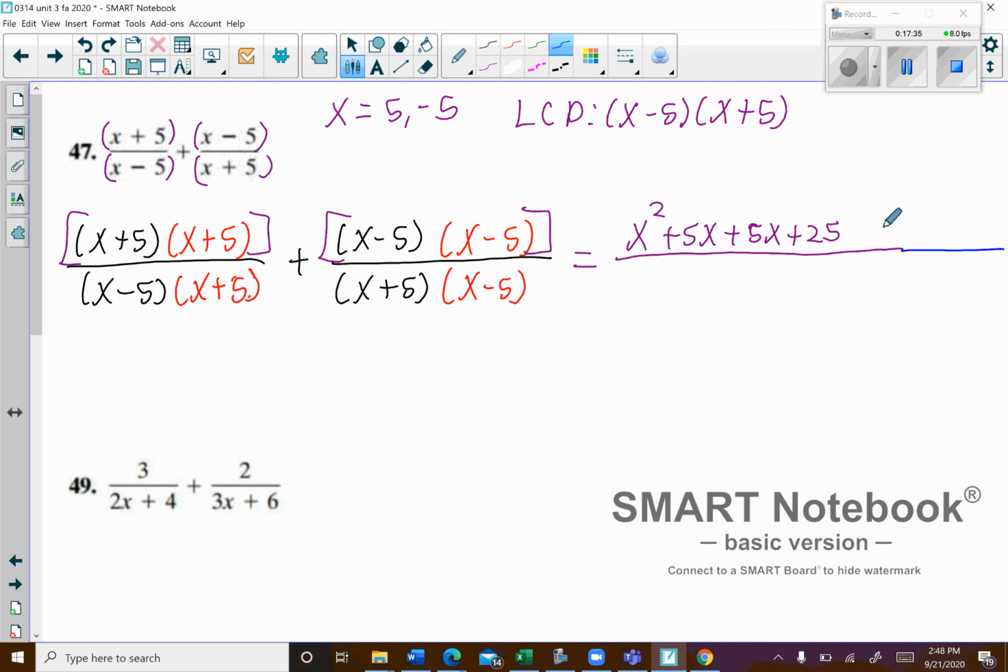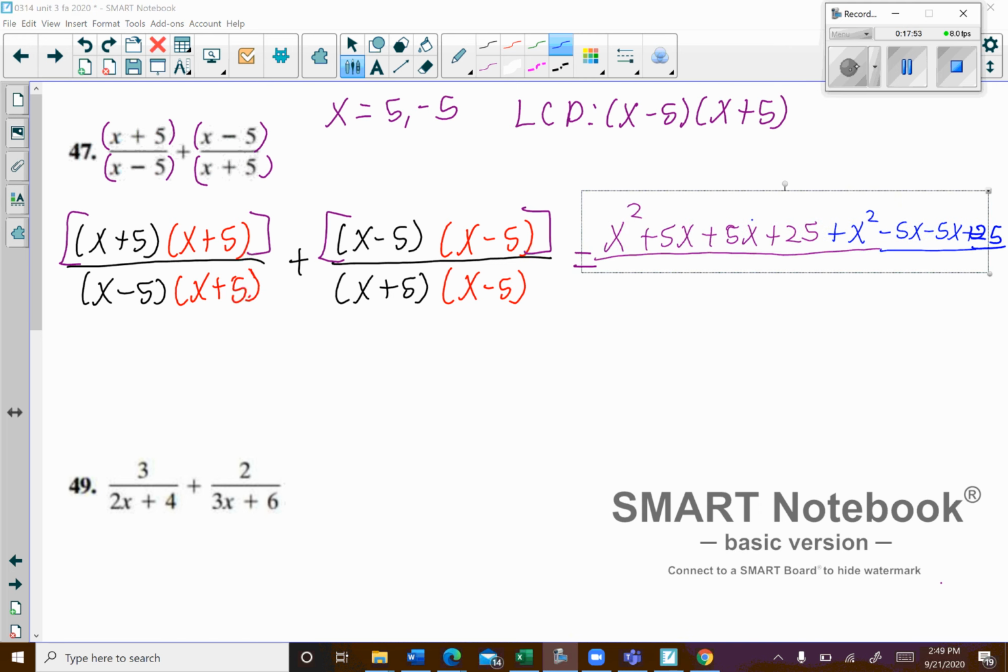For the other one, I get x squared again, but this time a minus 5x minus 5x and then a plus 25. I'm running out of room here, so I'll move things around and fit that plus 25 there. Then all over my common denominator, which is x minus 5, x plus 5.